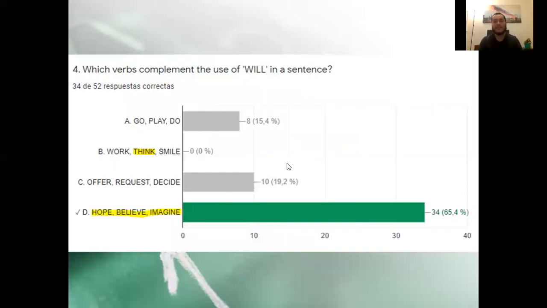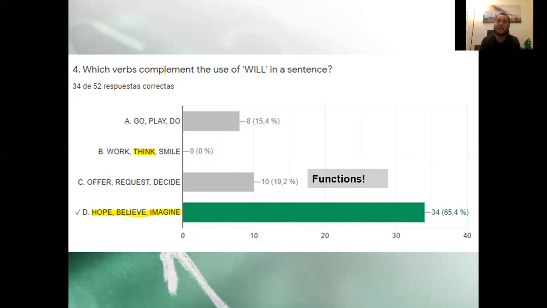A says go, play, and do. They don't make any sense, actually. In B, I say worked, think, and smile, right? But I only put it in yellow because think is one of the correct options. C says offer, request, and decide. But we mentioned that those are functions for will. I mean, you can use them in a sentence, but the words that I talk about are in letter D: hope, believe, and imagine.